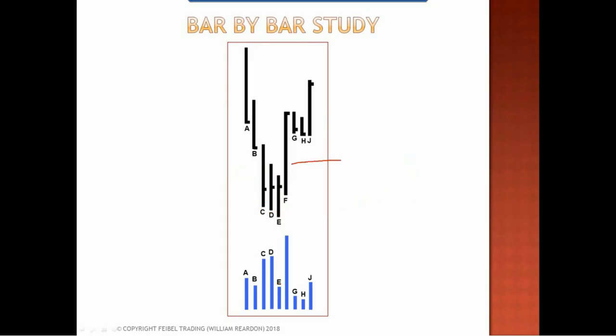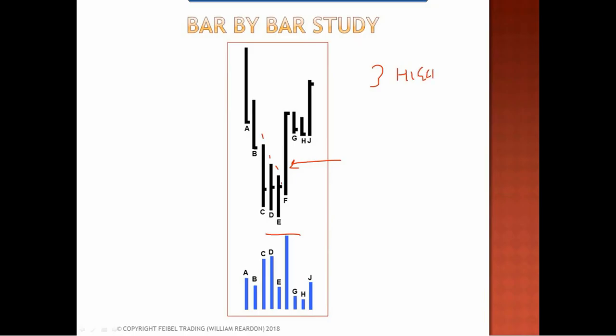What do we note about bar F? High volume, very wide spread. And from our previous price action, what does the bar achieve? Now this bar achieves a great deal. We rally past and close above 1, 2, 3 highs.